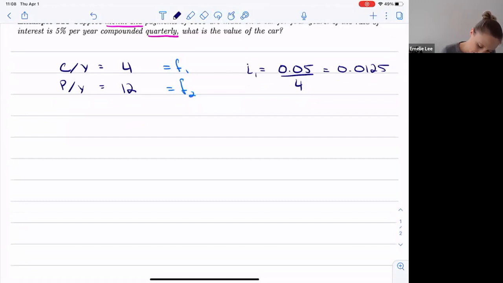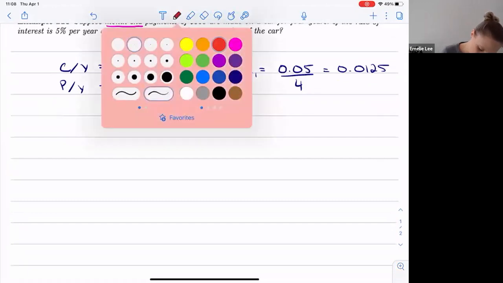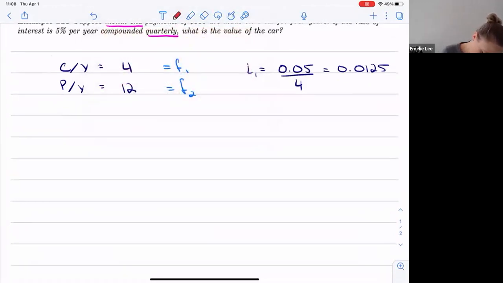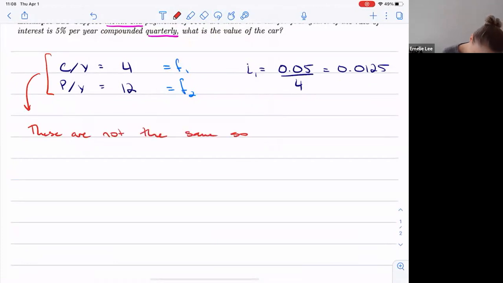So I2, right, we said these are not the same. So we need to find I2.